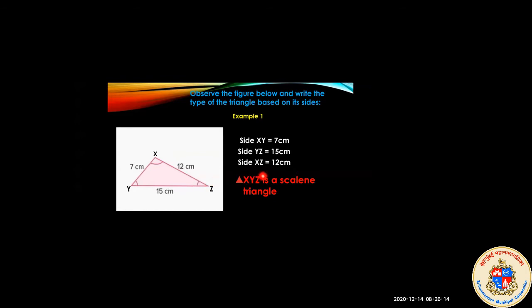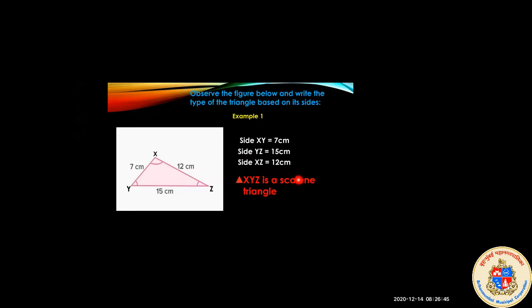It's very simple to find out. First, you have to find the measurements of the sides: side XY is 7 centimeter, side YZ is 15 centimeter, then side XZ is 12 centimeter. Note them down like this, then you'll come to know that all three sides are different. Then triangle XYZ is a scalene triangle. Very good. Now we'll see more examples related to it.